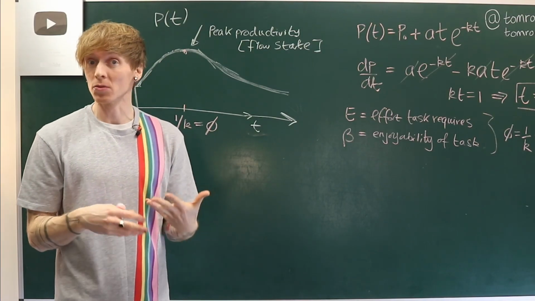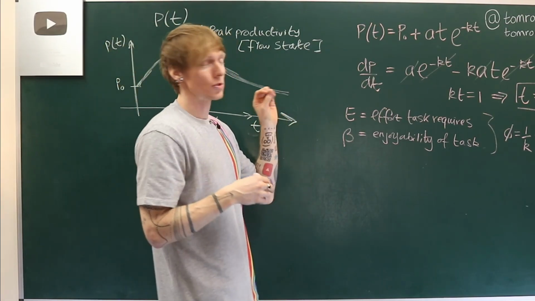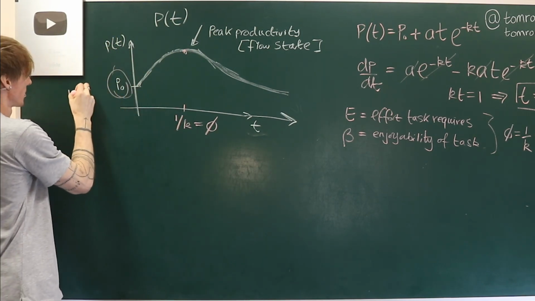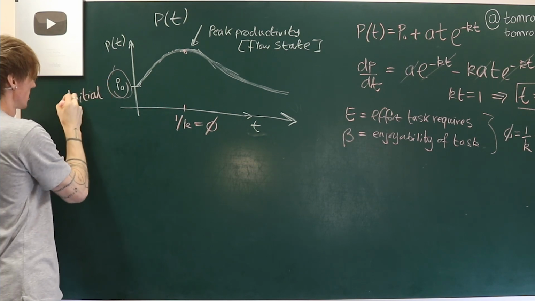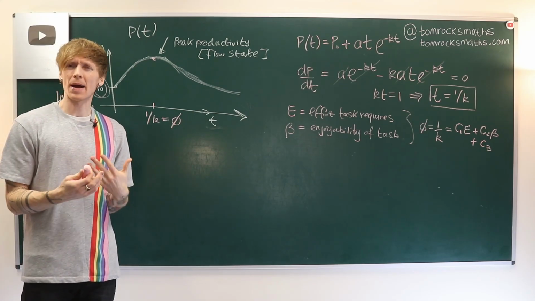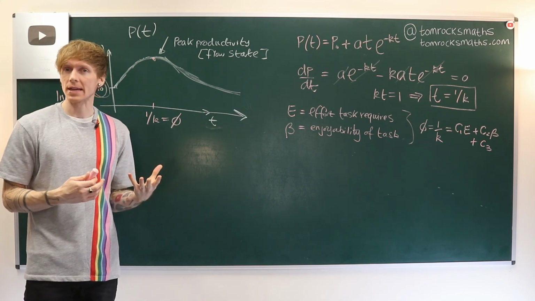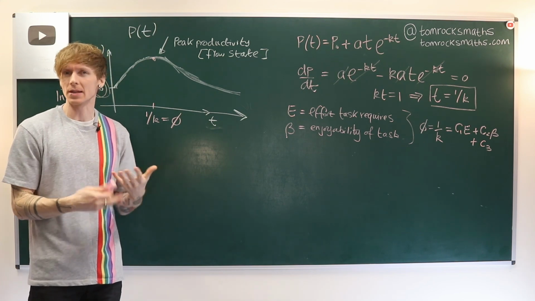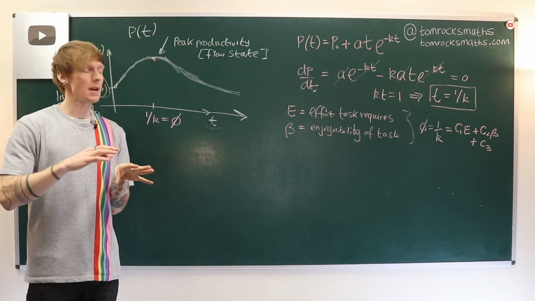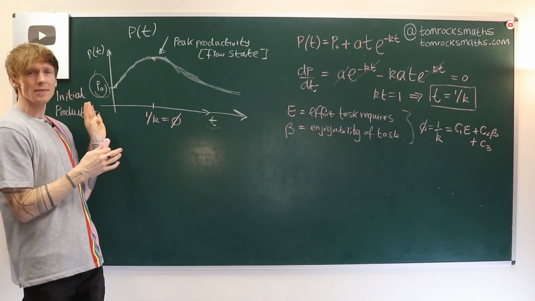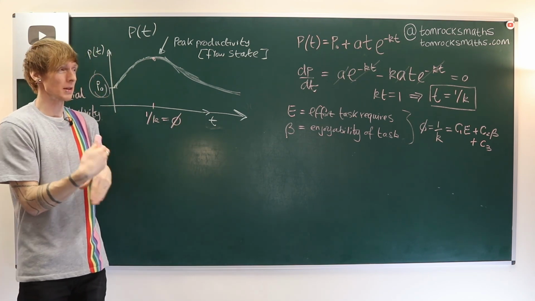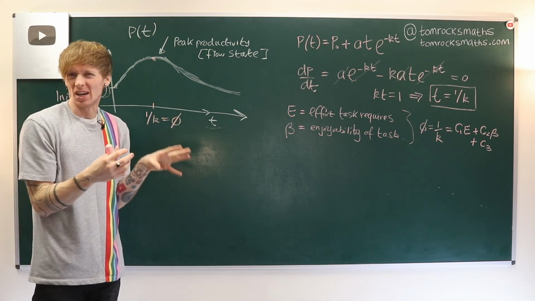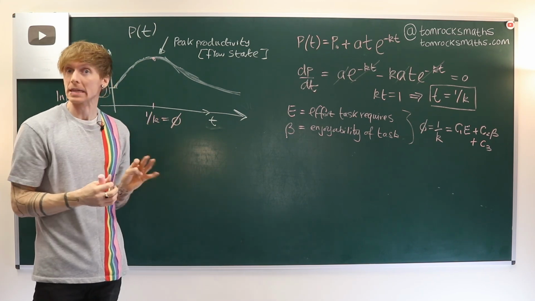We're going to use the same two variables, e and beta, to also determine our initial productivity over here, given by P0. First, let's think about the enjoyability of a task. If we are about to undertake a task which we find particularly enjoyable or very fun, then we would expect our initial productivity to be quite high because it's something we want to do, and so once we begin it, we're going to really want to get started and be quite productive in that first instance.